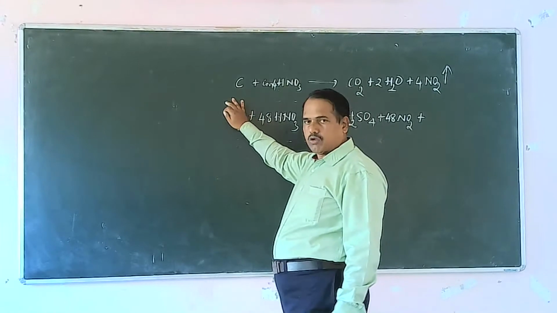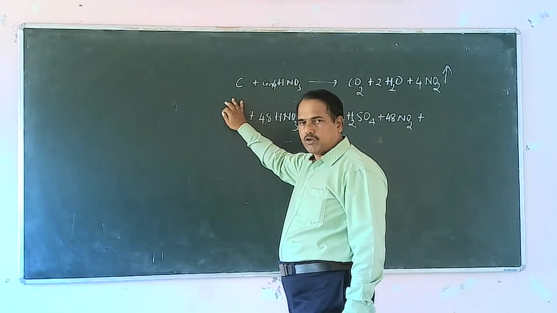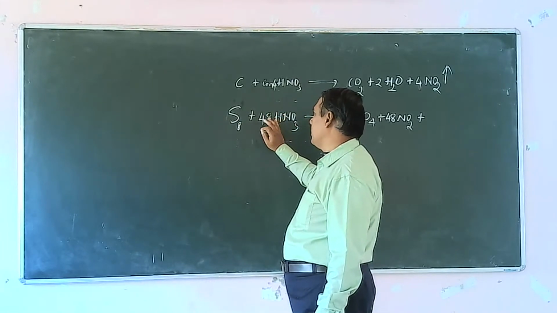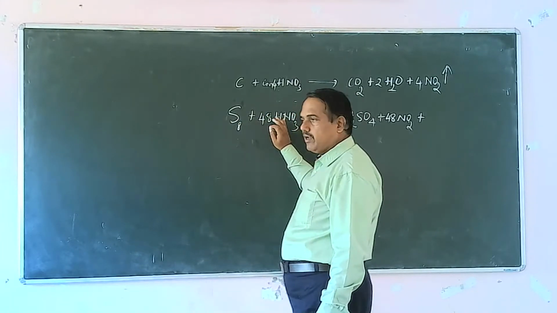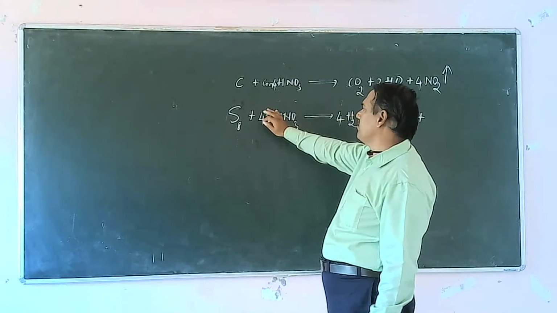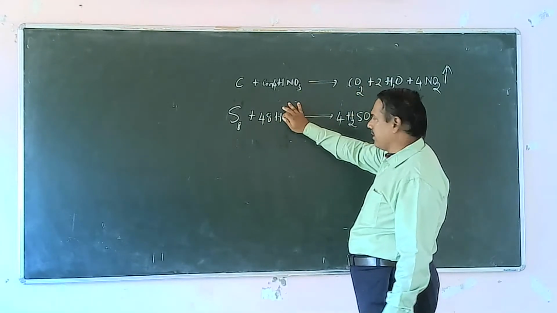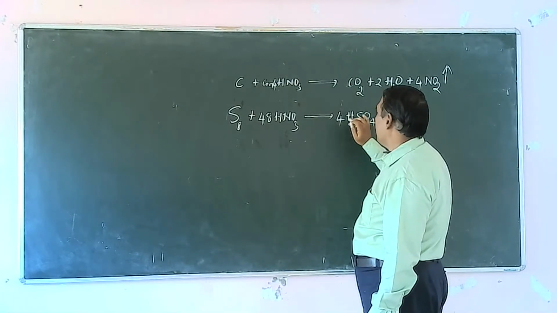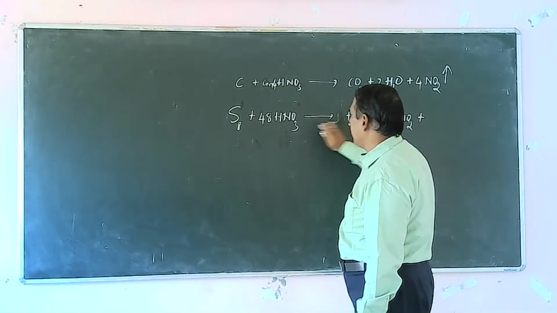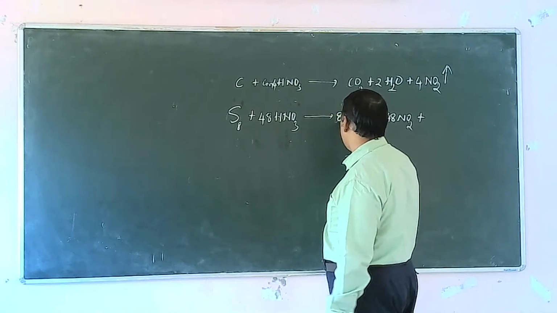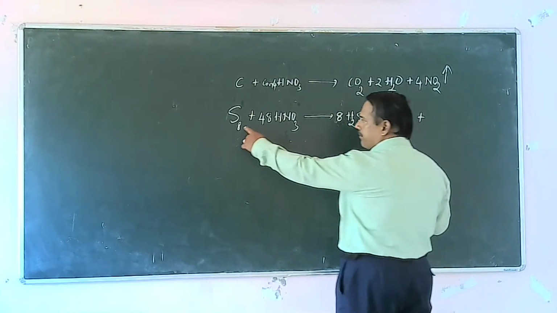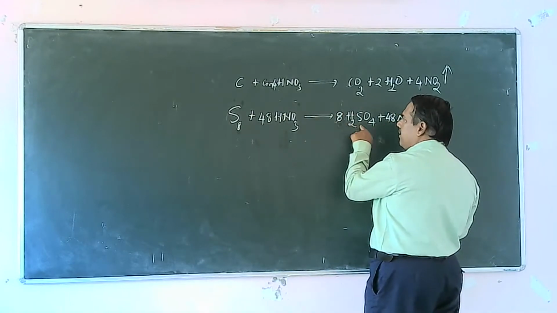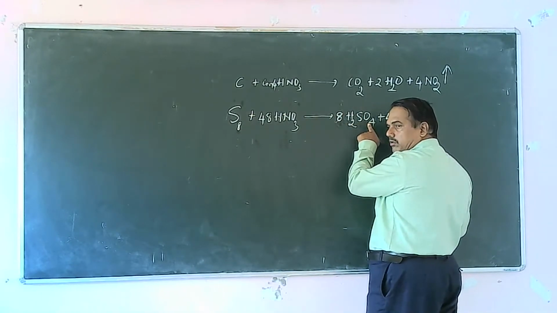You can easily balance the equation just by seeing the number of atoms on the reactant side and the product side. So this is molecular sulfur, which is polyatomic S8. It reacts with 48 molecules of nitric acid. So you will get sulfuric acid. How many sulfur atoms are there? 8 sulfur atoms. Therefore, it is 8 H2SO4.